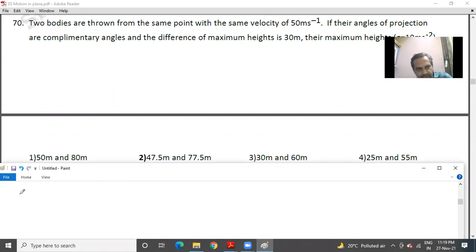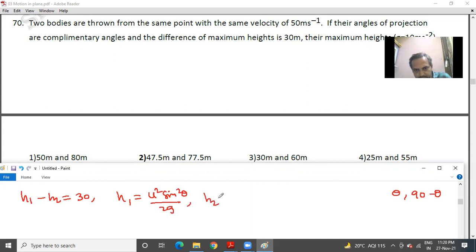So they mentioned in the question h1 minus h2 is equal to 30. Also it is mentioned that the angles are complementary. So what are complementary angles? One is theta, the other one is 90 minus theta. So h1 is equal to u square sin square theta by 2g. h2 is the height at 90 minus theta, so u square sin square (90 minus theta) whole divided by 2g.